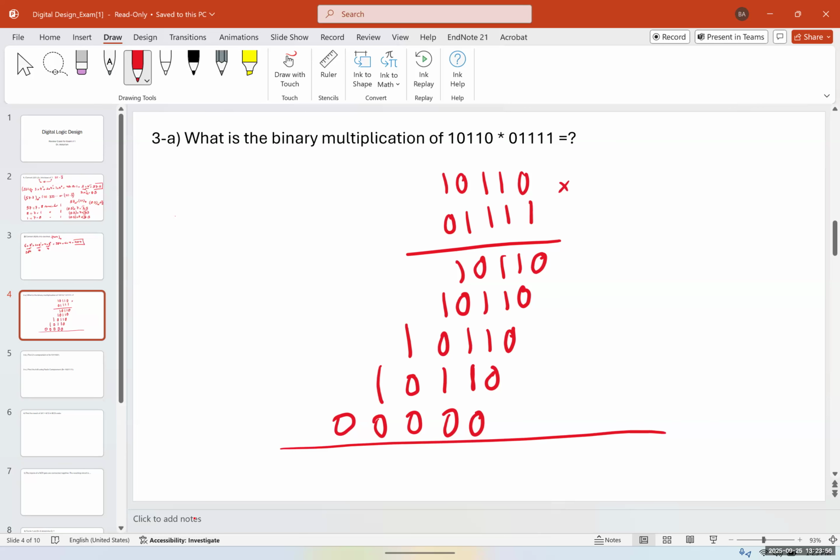Is it correct? Yes. Okay. Now let's add them together. This 0 comes down. It's going to be 0. This becomes 1. 1 plus 1 gives us 0, 1. 1 plus 1 plus 1 gives us 1, 1. 1 plus 1 plus 1 gives us 1, 0.